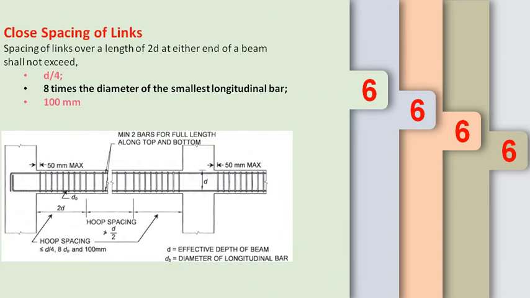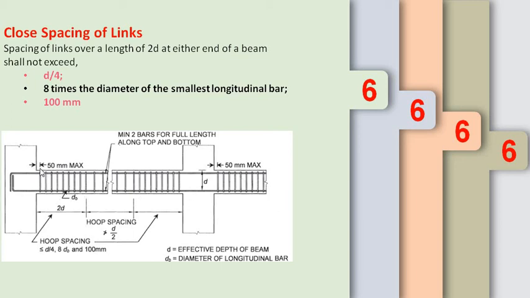Then, talking about the close spacing of links over a length of 2d at either end of the beam, it shall not exceed the following three. The first one is d by 4. The second one is 8 times the diameter of the smallest longitudinal bar. And the third one is 100 mm.